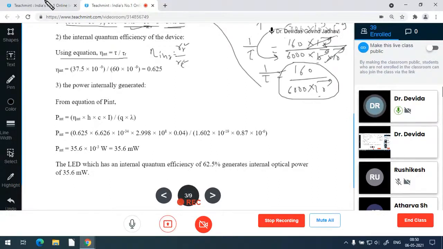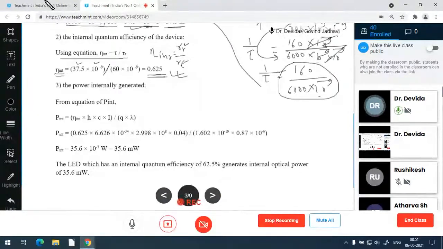So tau is known, we have calculated just now. Tau r is given, so eta internal can be calculated as 37.5 into 10 raised to minus 9, that is tau we have calculated, divided by tau r, given as 60 into 10 raised to minus 9. So 10 raised to minus 9 cancels, and 37.5 divided by 60 is 0.625. So efficiency also has no unit.